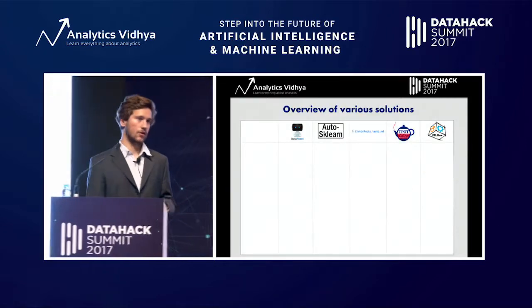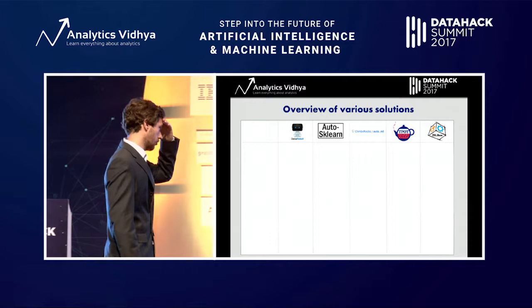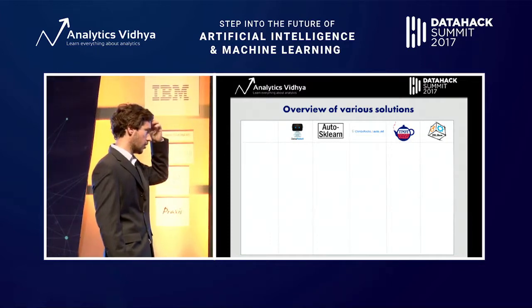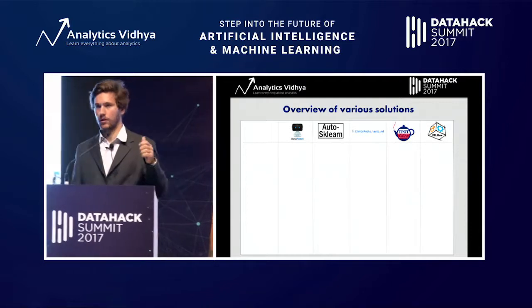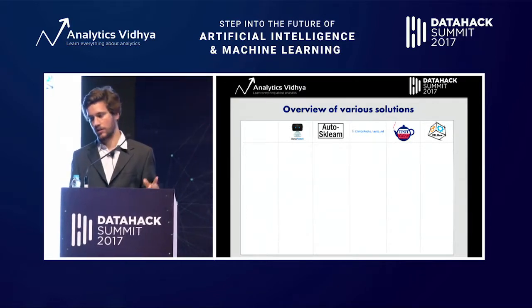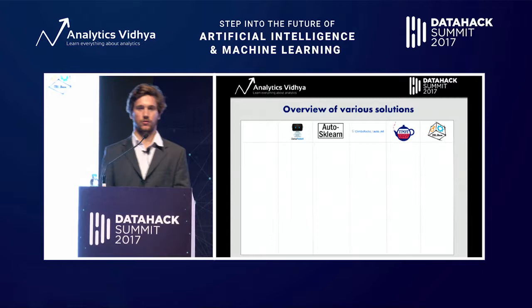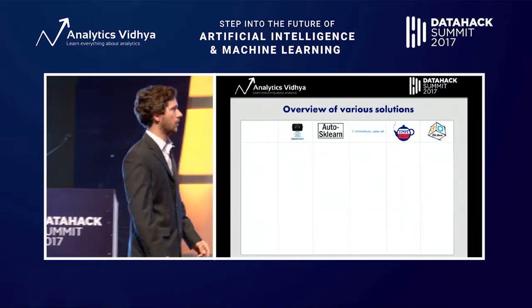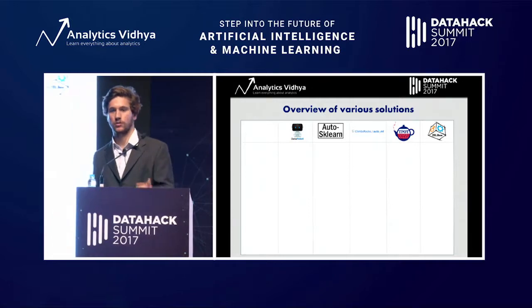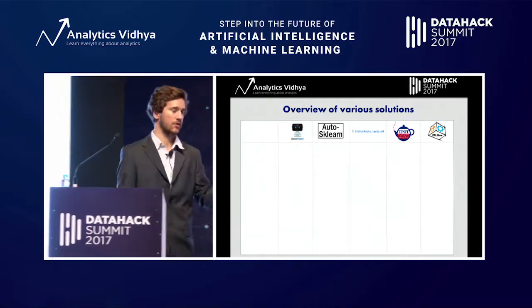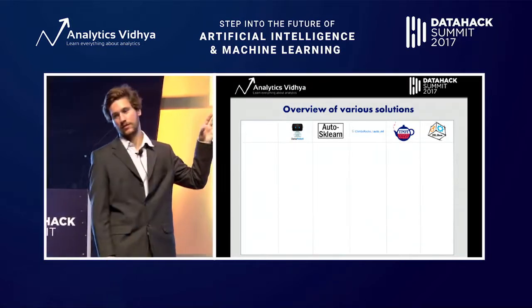Now let's have an overview of various solutions in data science. So here I've put the main, let's say, automated tools. You have open source packages, and solutions like Data Robot. I guess you know this tool. I didn't put H2O Driverless, which is very recent, but for me it's maybe the same as Data Robot.